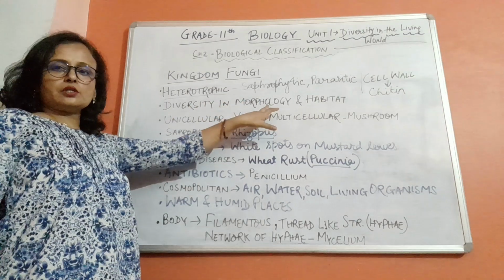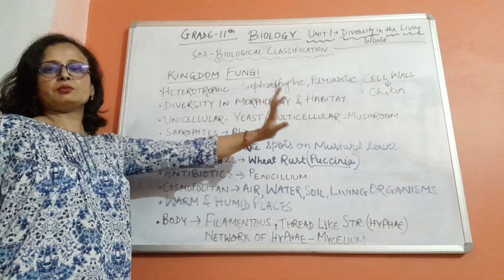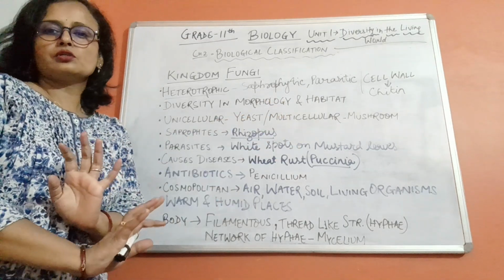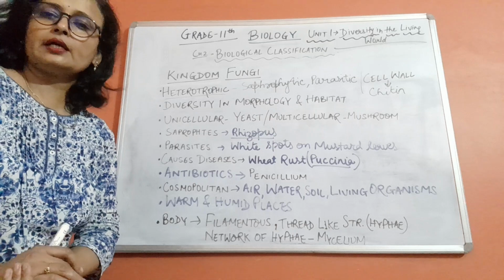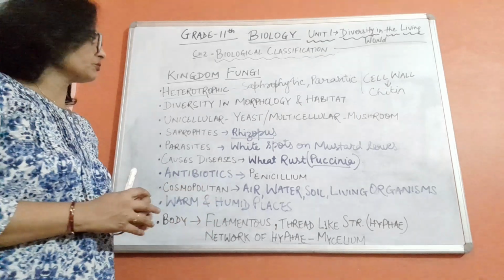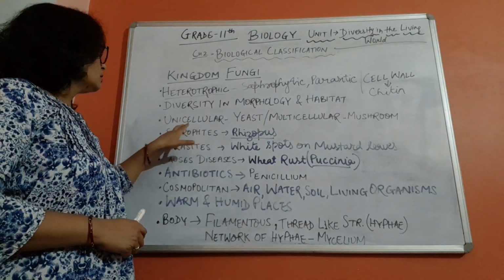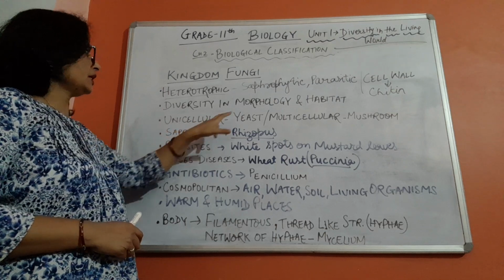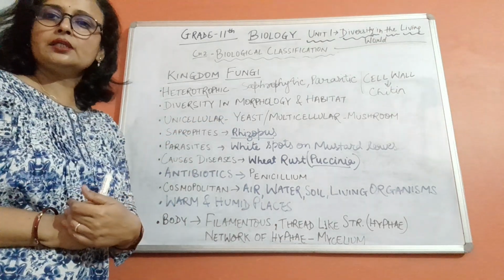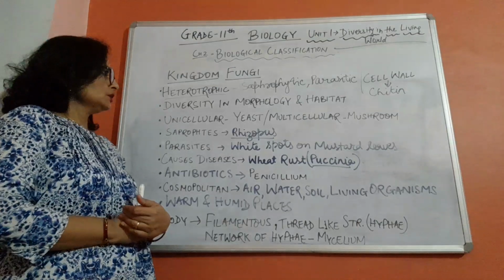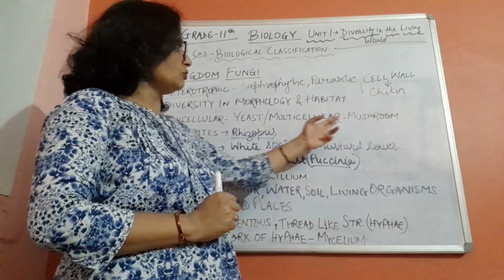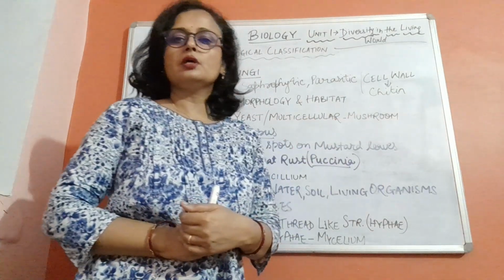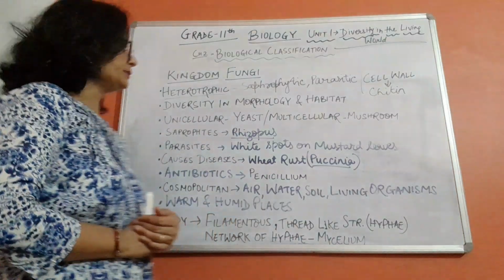So it shows diversity in morphology and habitat. Habitat means living place. It can survive in any kind of habitat, means different kinds of habitat. Few fungi are unicellular like yeast, which is an edible fungi, and most of the fungi are multicellular. Mushroom is also an edible fungi.